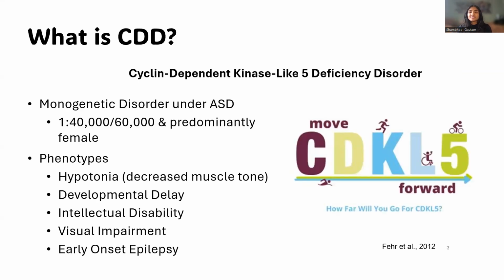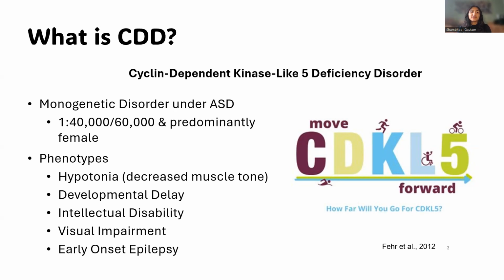So what is CDD and how is it different from other disorders in the brain? First and foremost, CDD stands for cyclin-dependent kinase-like 5 deficiency disorder. It is a monogenetic disorder, meaning a genetic disorder caused by a mutation in a single gene, under the umbrella of autism spectrum disorders.